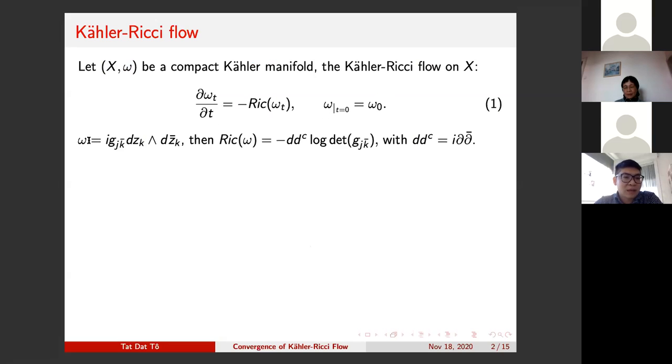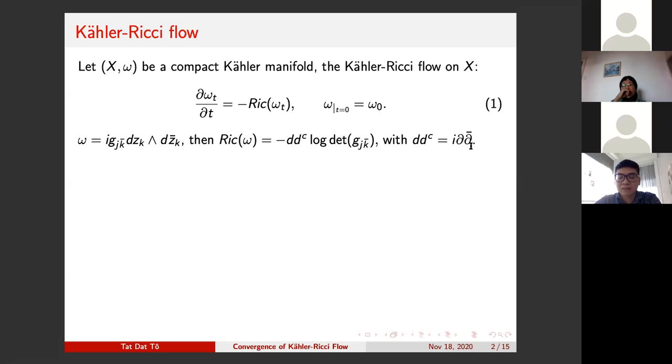If you write omega locally, then the Ricci form can locally be written as minus dd^c of the log of the determinant of the matrix. Here I use the notation from pluripotential theory, meaning dd^c equals i dd bar up to some constant, maybe i dd bar divided by pi.